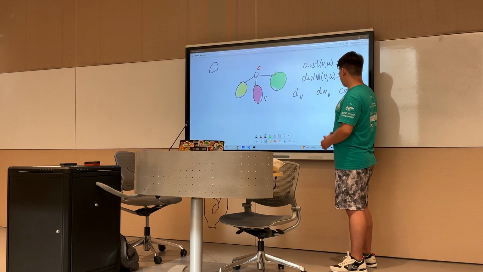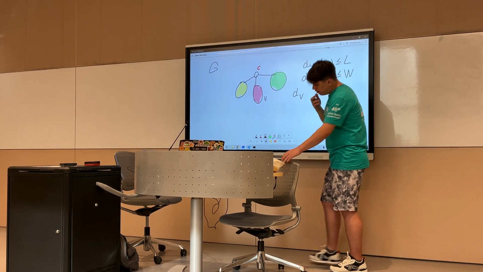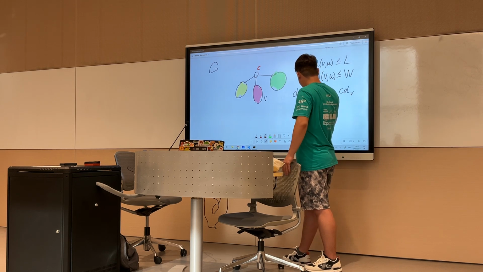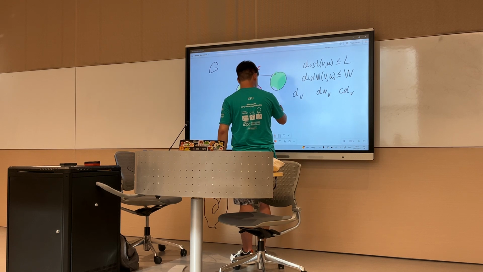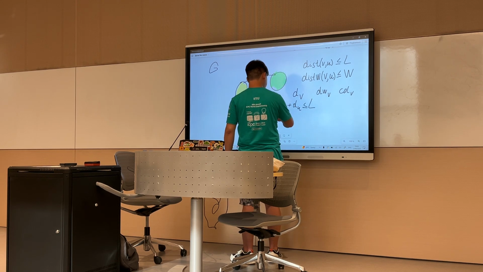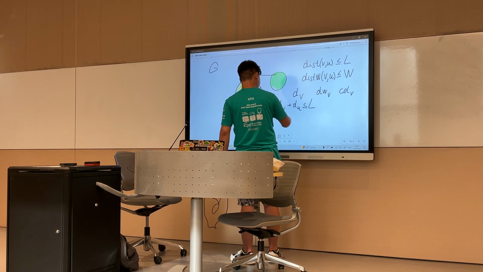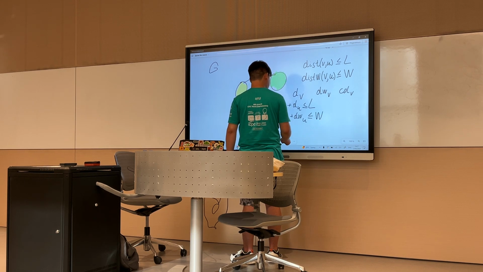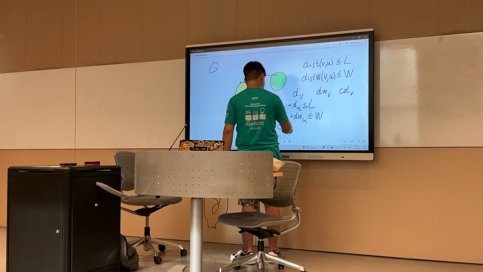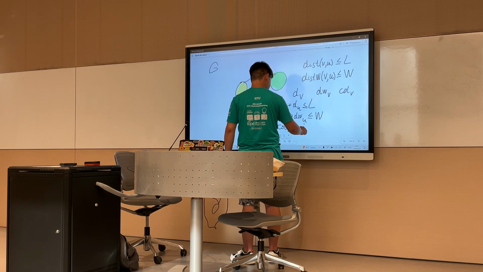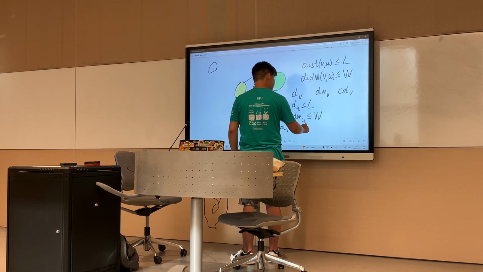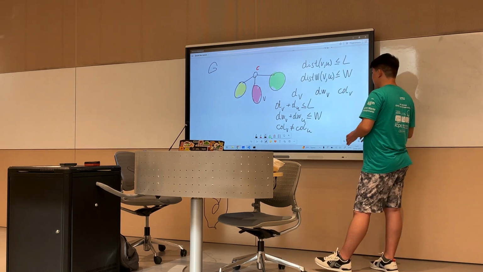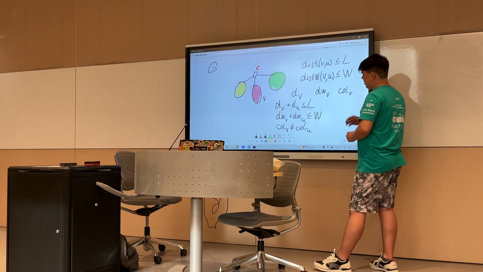And okay, we need to calculate the number of pairs V, U. The first requirement is that dV plus dU is at most L. The second is that dW of V plus dW of U is at most big W, and their colors should be different.